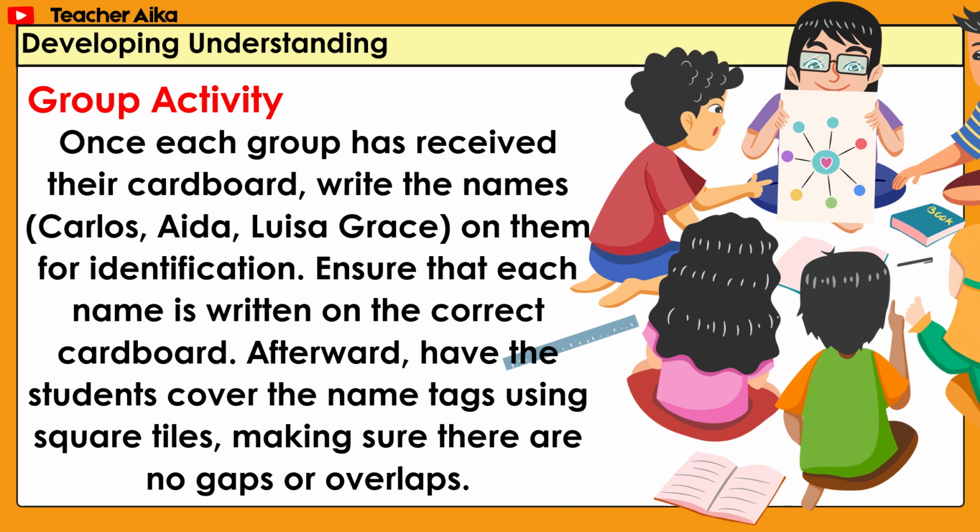Once each group has received their cardboard, write the names Carlos, Aida, Luisa Grace on them for identification. Ensure that each name is written on the correct cardboard. Afterward, have the students cover the name tags using square tiles, making sure there are no gaps or overlaps.